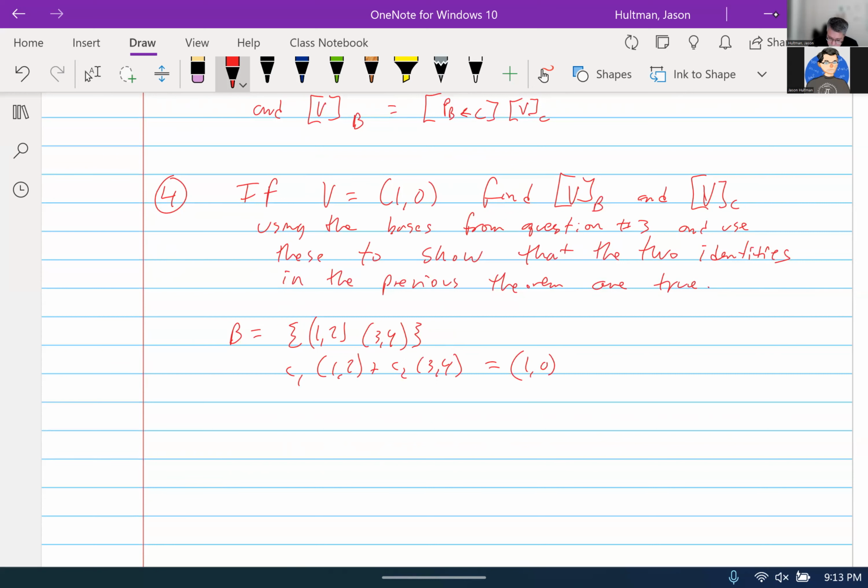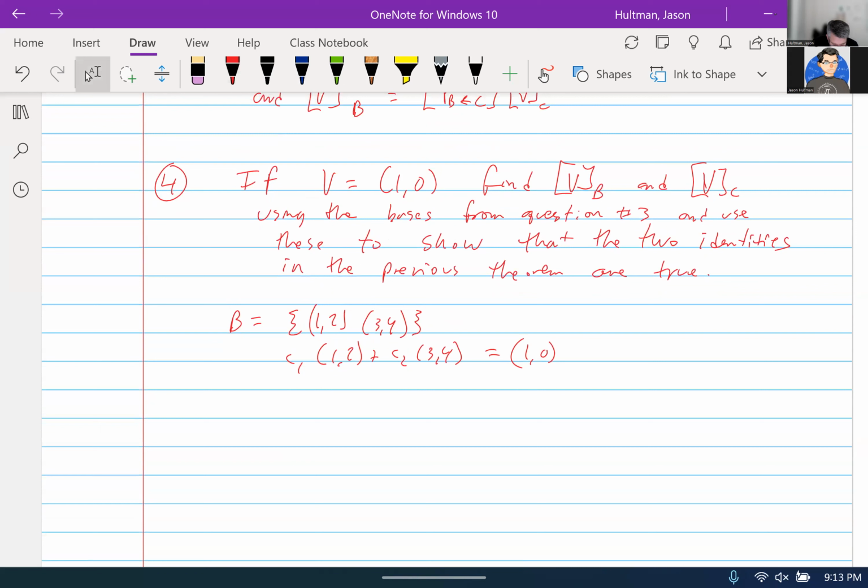I want V in terms of B. That's what I'm looking for, my coefficient column vector VB. So C1 plus 3C2 equals 1, and 2C1 plus 4C2 is equal to 0.